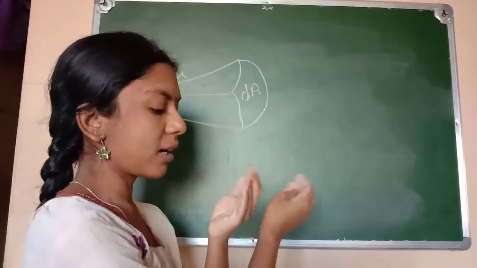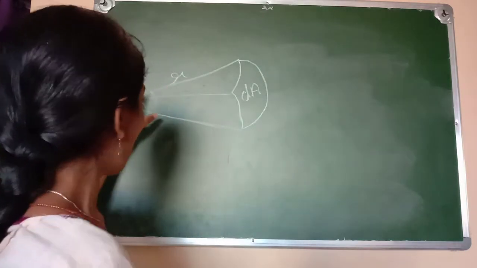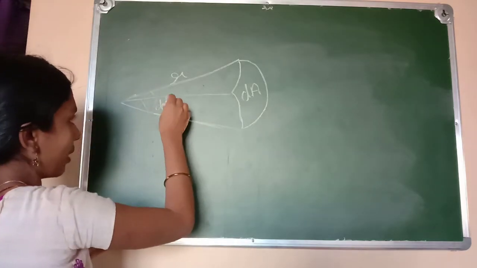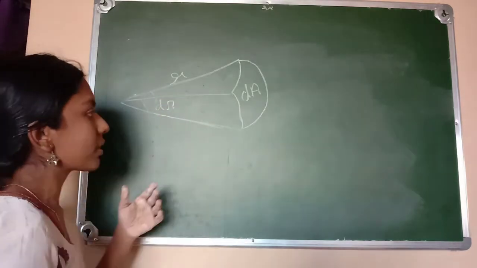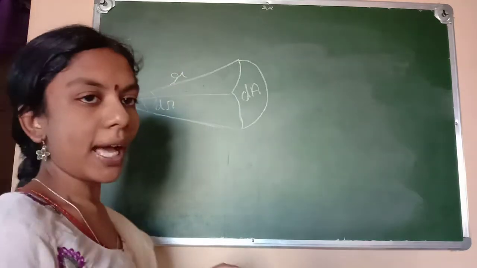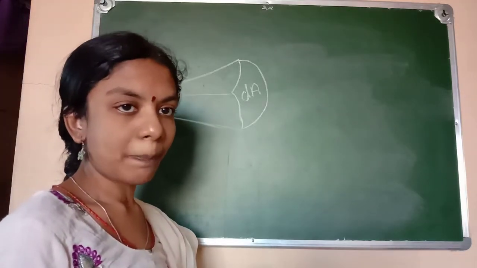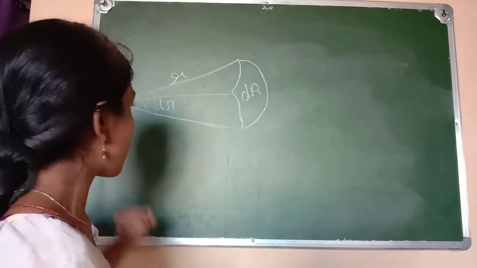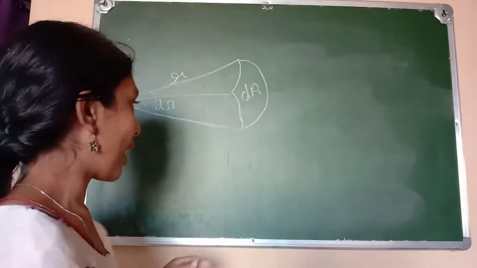What is the angle at the peak of the cone? That is called a solid angle, because here you are dealing with a 3D object. So here it is called solid angle. The previous was just a planar angle, but this is a solid angle.